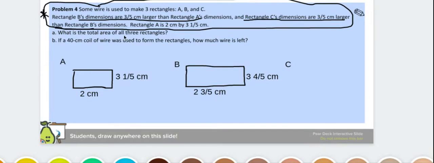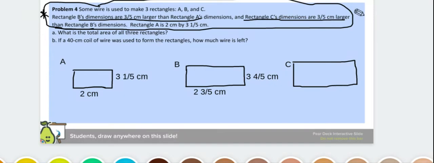So that tells me that rectangle C is going to be bigger than rectangle B. So let me draw a rectangle that's a little taller and a little longer. That's really quick. Okay, not too bad. Not terrible. Okay, so now we have rectangle C.